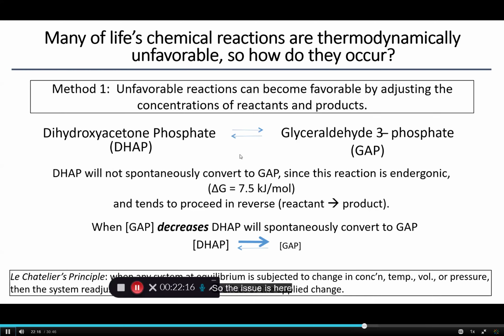Okay, so the issue here is that these biochemical reactions are not happening in a vacuum under standard conditions. They're happening under biological conditions.